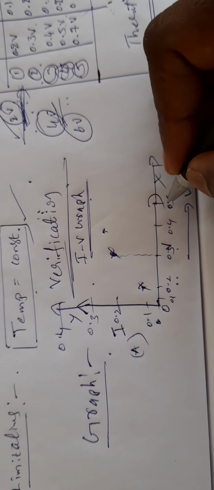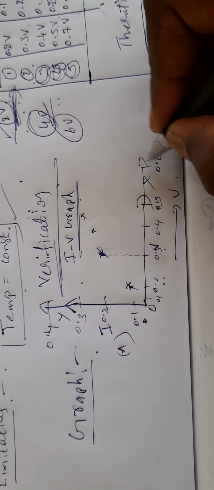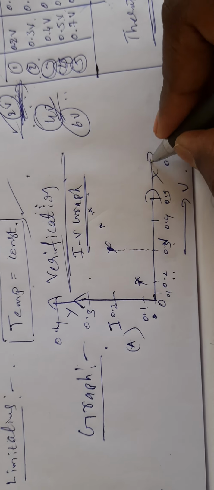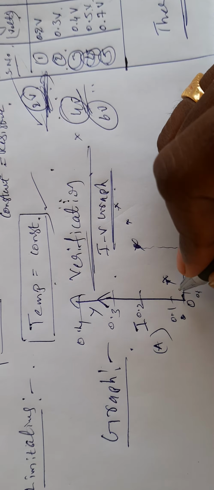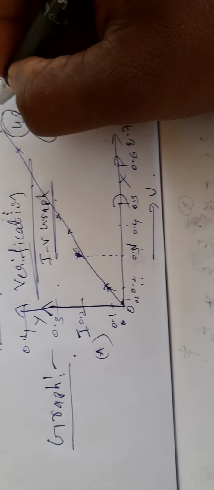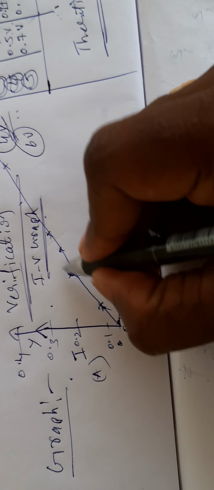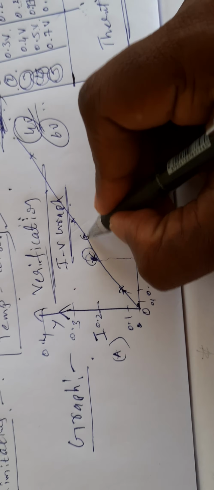Next for 0.5, 0.275, near to 3. Then for 0.7, where you got 0.4, slowly if you draw a line you will get a straight line. Some few points, 1 or 2 points, will go aside and will not come exactly on the line.